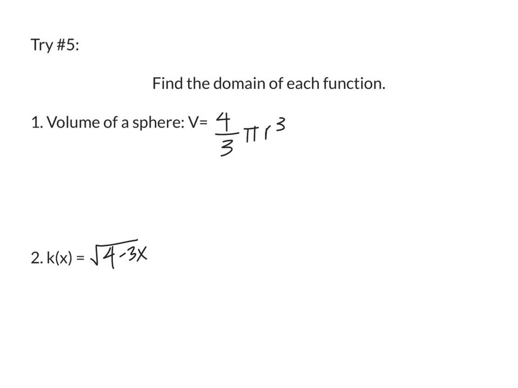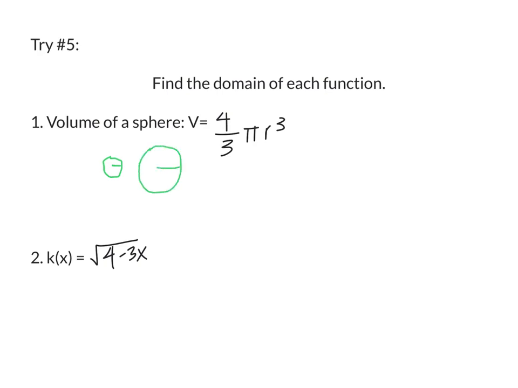Either way, what they're asking is, based on the domain, which is R, what are our constraints? Can it be all real numbers, or only a certain set of numbers? If you think about a sphere, and I'm not going to be able to draw very well, it's almost going to look like a circumference, but just go with it. Here's my radius, right? I can get larger.